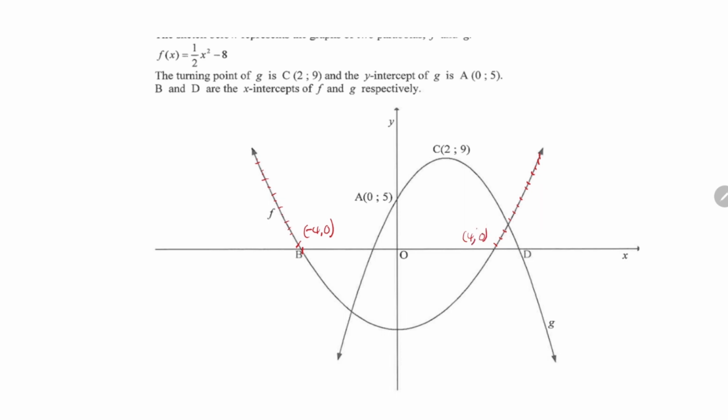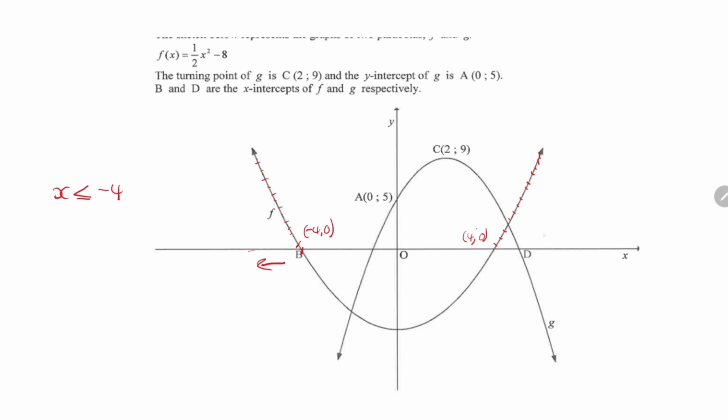So when we solve f of x greater or equal to 0, we will say that happens at x less or equal to -4, because from here going that direction the graph becomes greater or equal to 0, which is the x-axis.